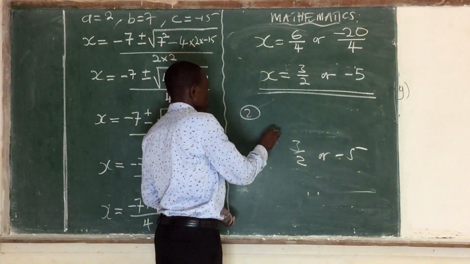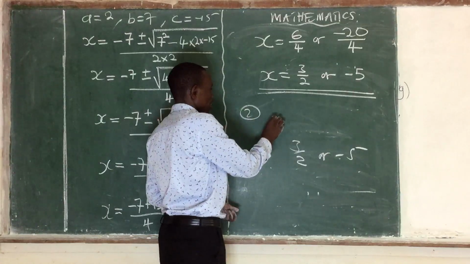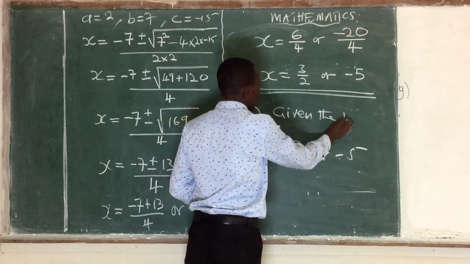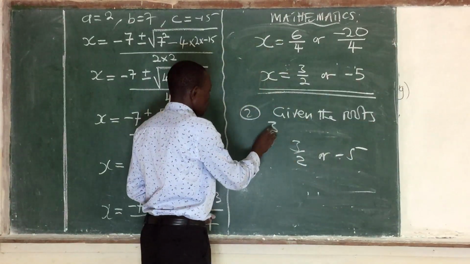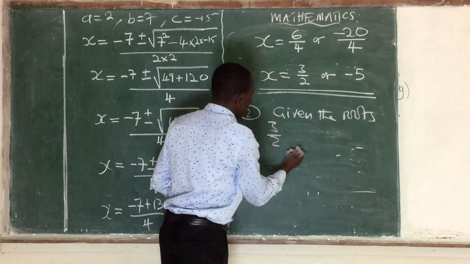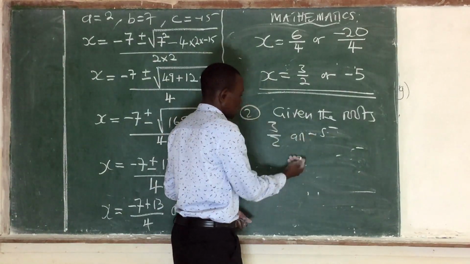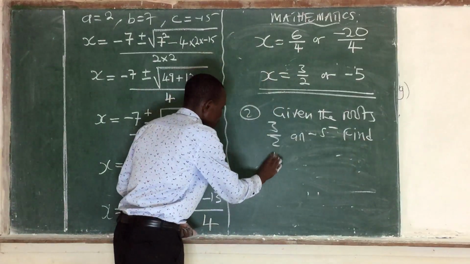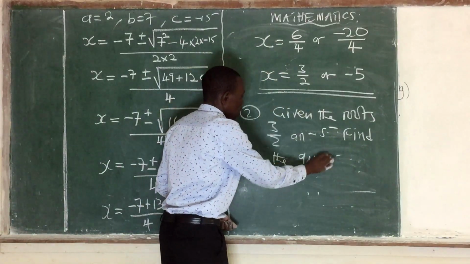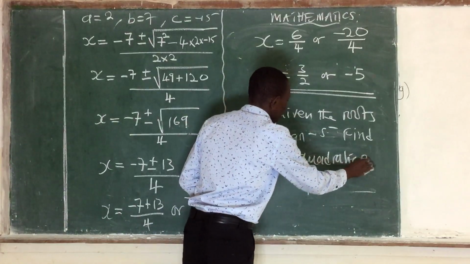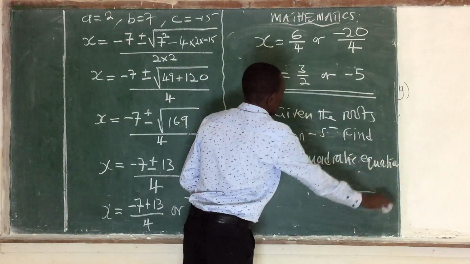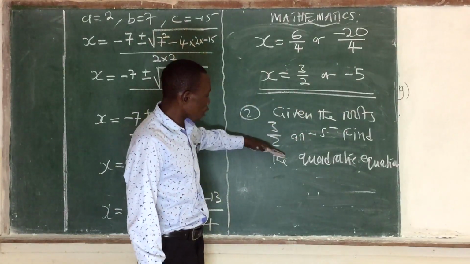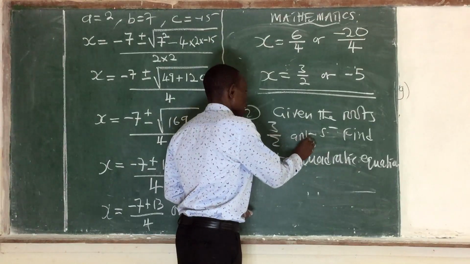Right. So number 2, given the roots 3 over 2 and negative 5, find the quadratic equation whose roots are 3 over 2 and negative 5.